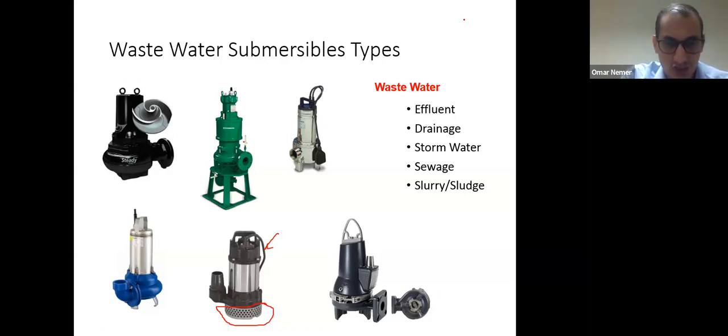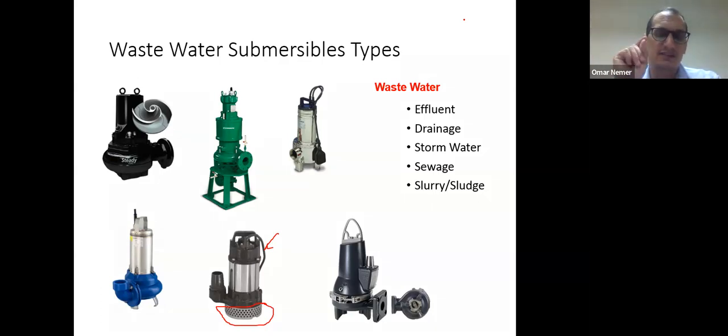Slurry and sludge are different from all the above. Why? In all the liquids above, the water content is the biggest. I mean, in these kinds of liquids, the water content is the major part, and the solids are the minor.